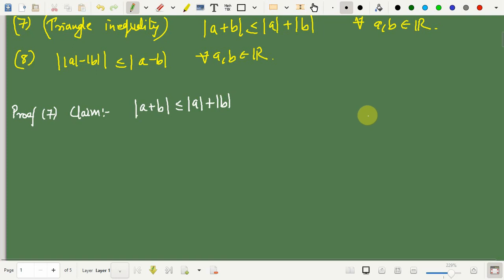Basically, what this says is that the third side of a triangle is always less than or equal to the sum of the first two sides.